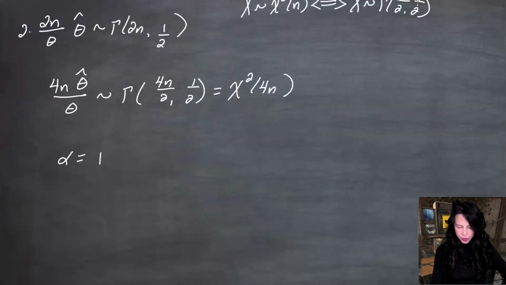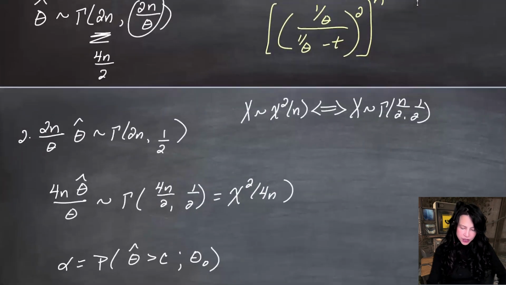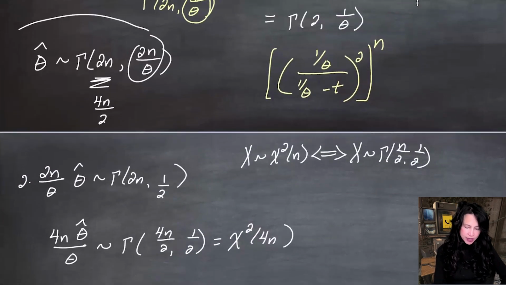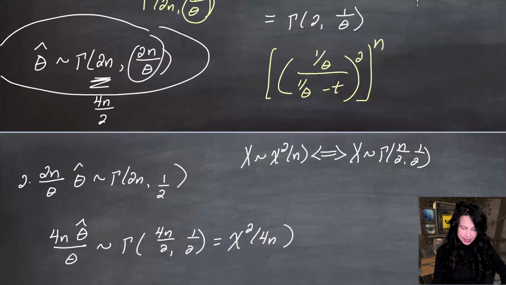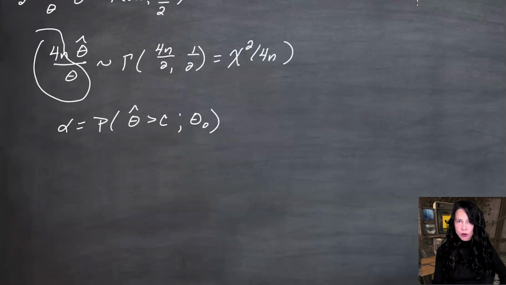So back up to our alpha statement. Alpha was the probability that theta hat was greater than c when the parameter was theta naught. So all of the stuff I just did to find the distribution of theta hat did depend on the parameter being theta. So I don't want to multiply by this. I really want to multiply by 4n over theta naught, because in this probability statement I've just written, theta is theta naught.